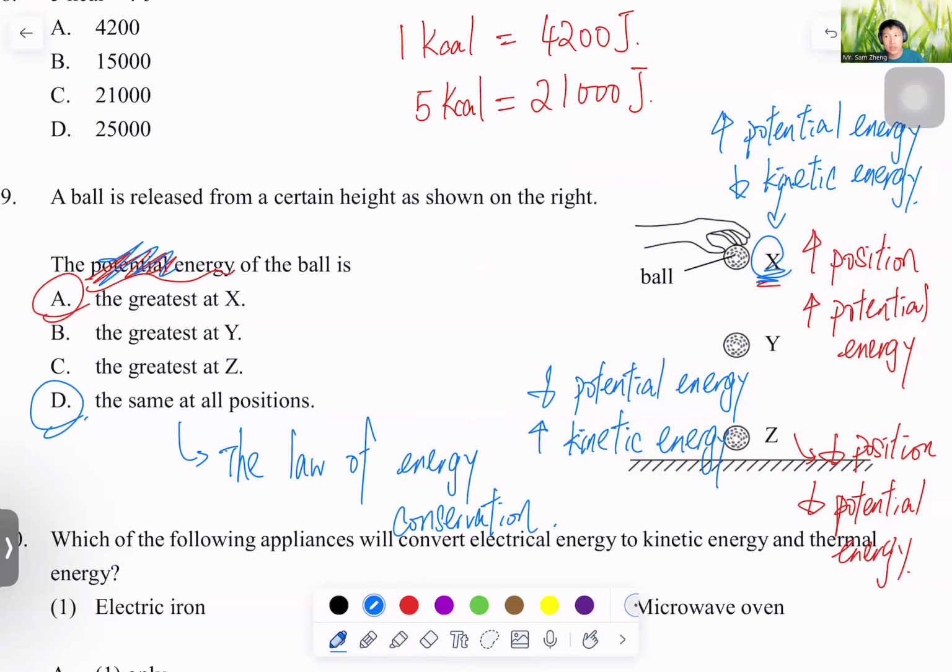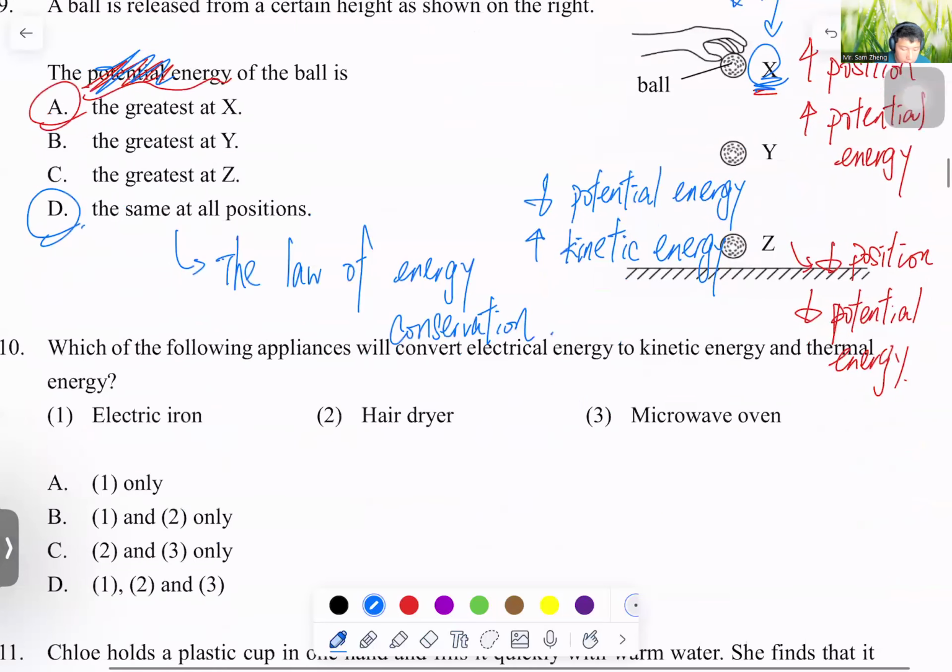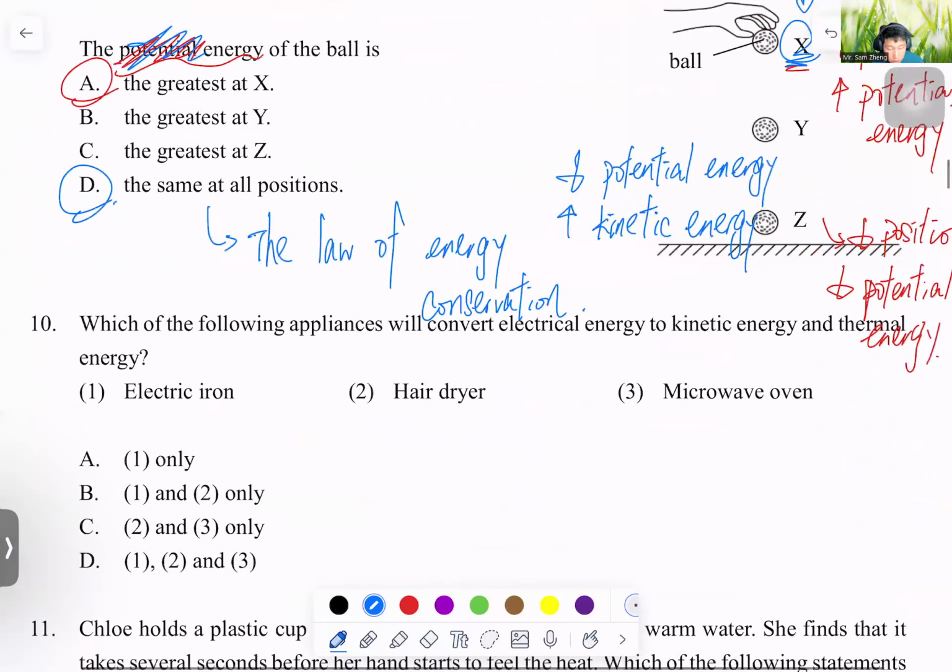Of course, there will be energy loss, but assuming there is no energy loss, the energy amount for positions X, Y, and Z shall be the same. Is that okay? Let us continue to move on.